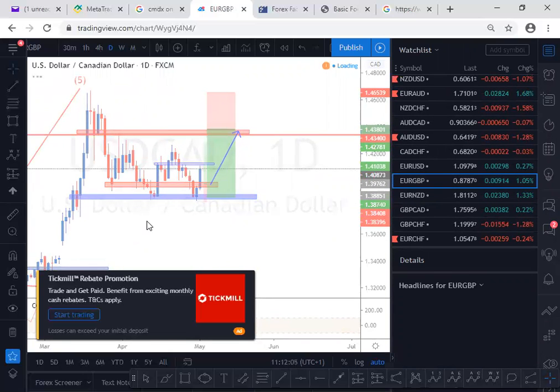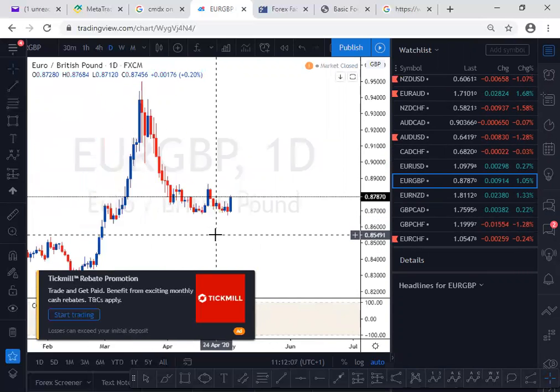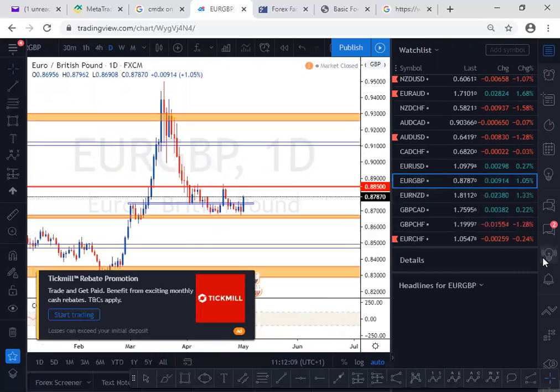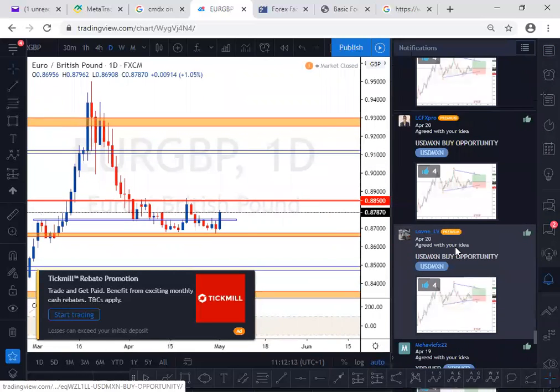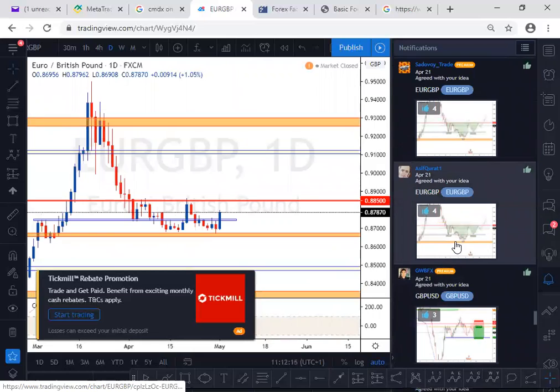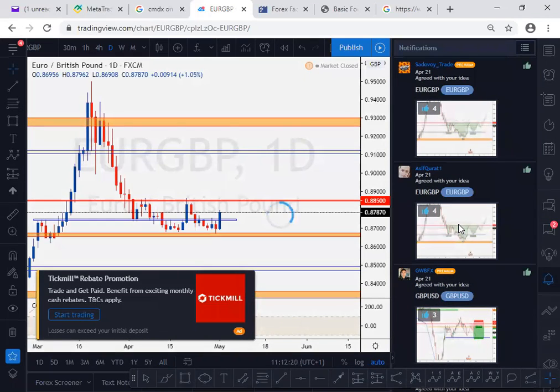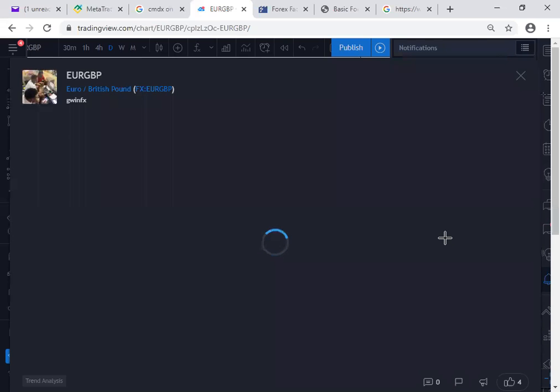And on our end here, we don't want to be doing much. All right, so we spoke about this pair when we had a trade inside of this area. All right, we spoke about this, and this was the update on this pair.